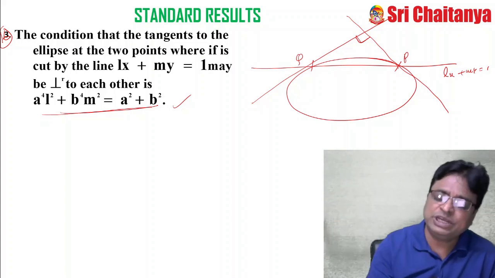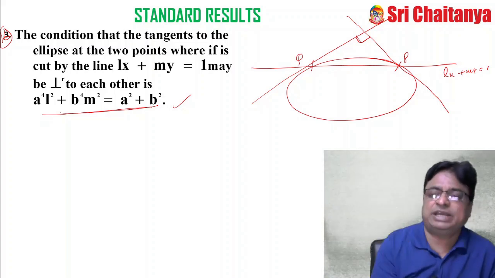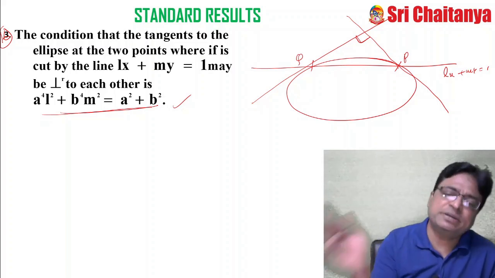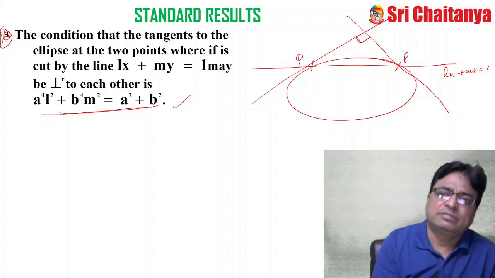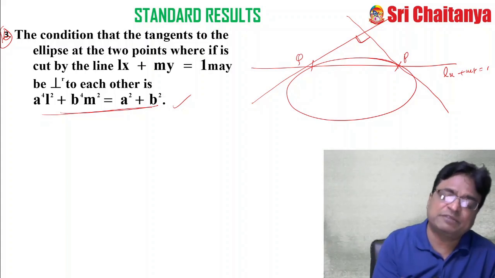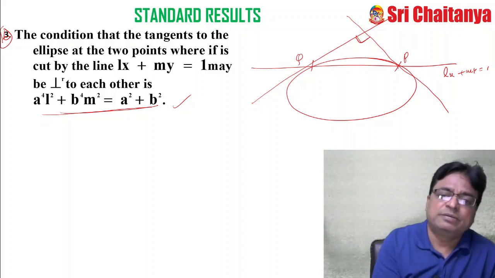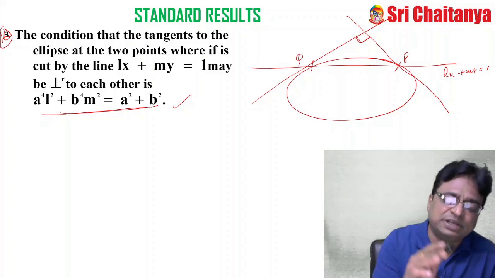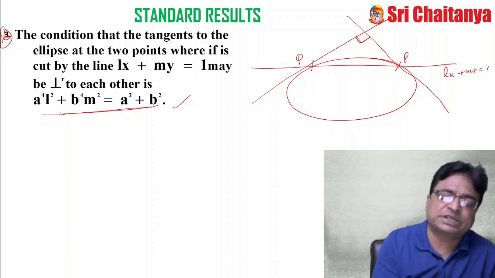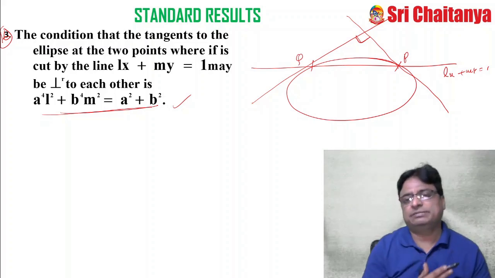If you know the equation of the pair of tangents formed at the extremities of the points of intersection of a line with the ellipse, then the problem is in your hand.